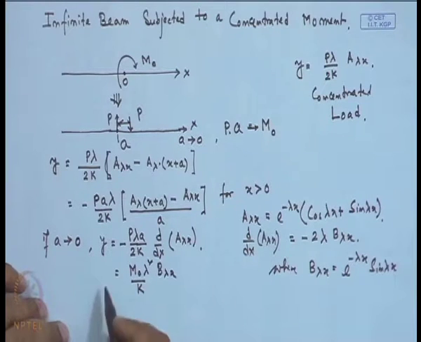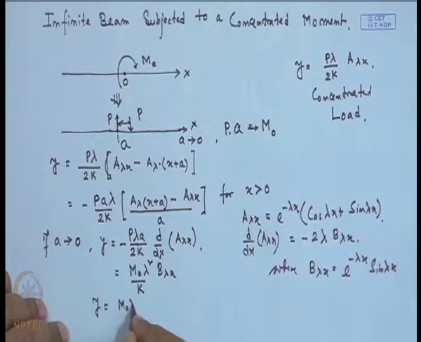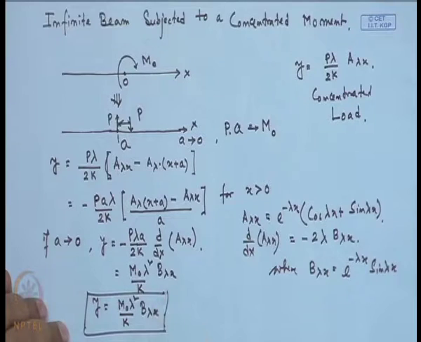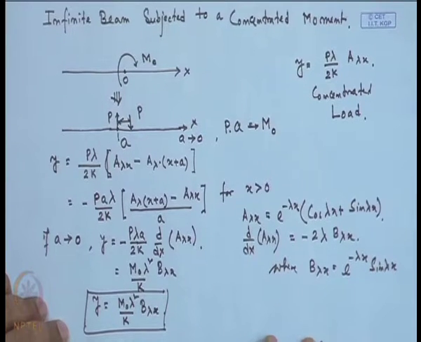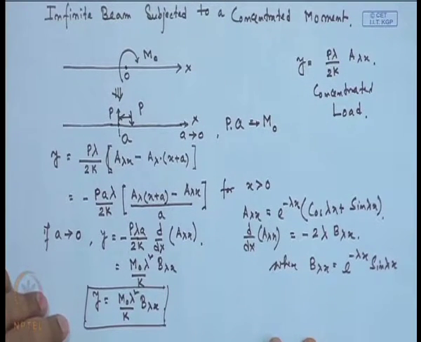So, the deflection equation will be m 0 lambda square divided by k b lambda x. This is the expression of the deflection if the beam is subjected to a concentrated moment.